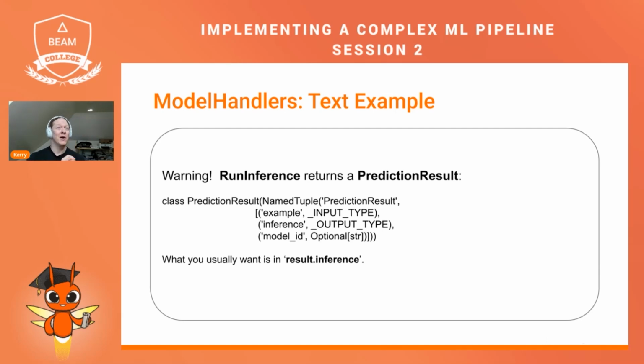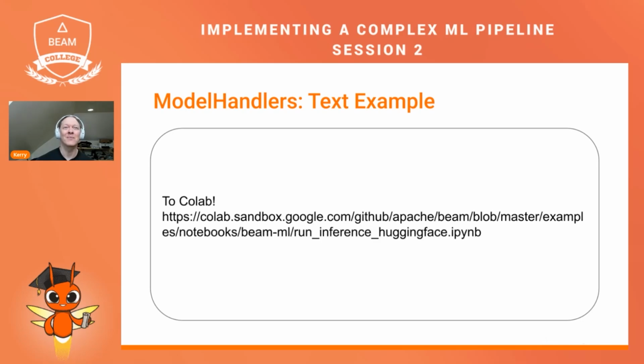So when you are writing a pipeline and you get a type mismatch that says you're trying to treat something, you expect a string, for example, but you are getting a prediction result, that's almost always because you use the prediction result without accessing the inference member of the prediction result. This is one that has regularly tripped me up, and so I hope that it won't trip you up.